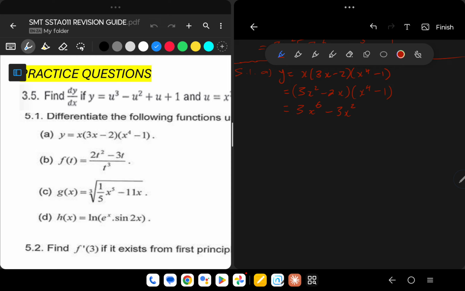And then you have minus 2x times x to the power 4, that is minus 2x to the power 5. And then you have negative 2x times negative 1, which is just going to be plus 2x. So now we can derive what we have here.